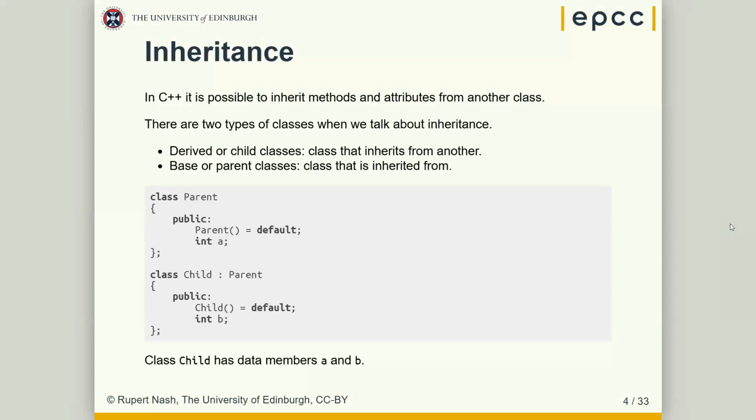So what is inheritance? In C++, it's possible to inherit methods and attributes from other classes. There are two types of classes we'll talk about when we're talking about inheritance. Derived classes, or child classes, classes that inherit information from another. Base classes or parent classes, classes that are inherited from.